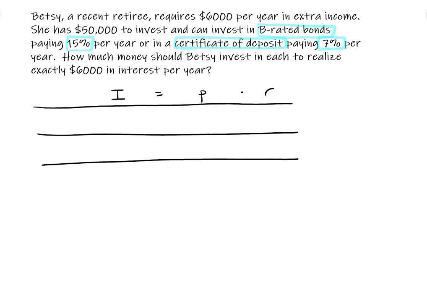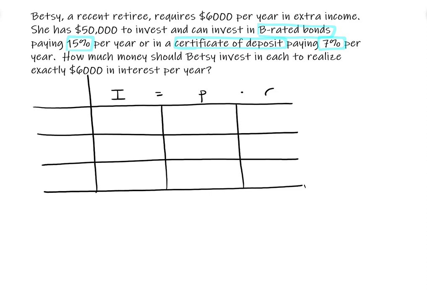But I notice that we're going to invest some of our money in one and some of our money in another, and I want to have a total amount, so I'm going to put a 3rd line. Alright, and I'm just going to draw some lines.